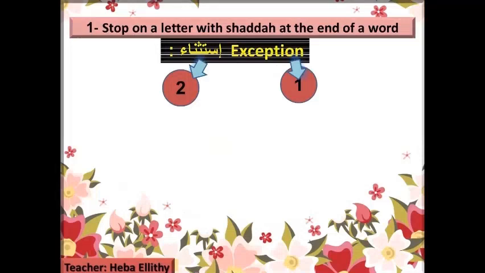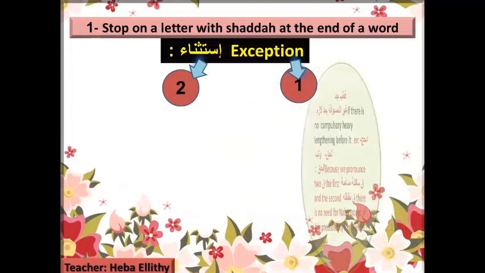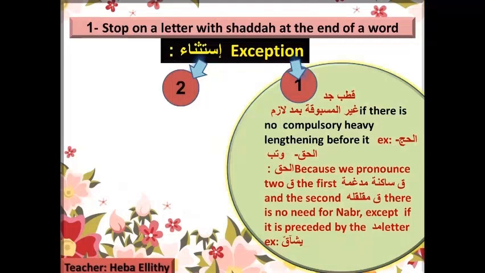Very quickly, I will put the exceptions in front of you with every detail in two big drawings here. First exception, in the letters of قطب جد, الحروف المقلقلة, letters of قلقلة. If there is no compulsory heavy lengthening, no مد لازم, before it, for example the words الحق, الحج, الحق, وتب, it's very clear it's two letters.